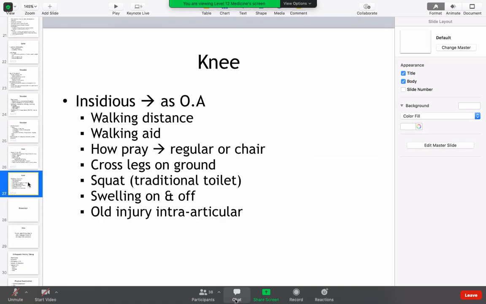Patients who are older and have chronic pain, insidious in onset, usually have osteoarthritis, so you should ask about walking distance, walking aids, praying on a chair or in a regular manner, crossing legs or not, ability to do squats, and also the presence of swelling.